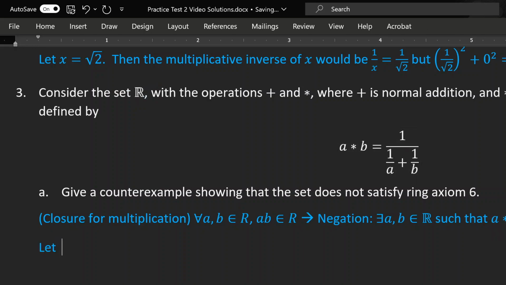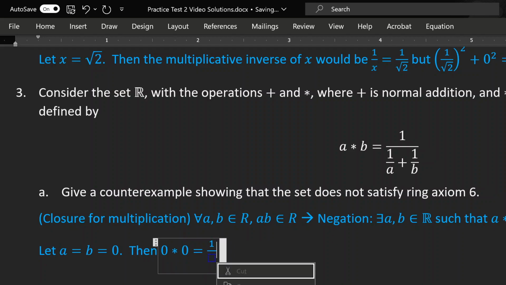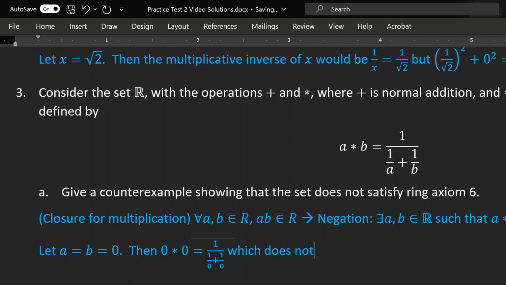Okay, so I'm just going to use 0 for both of them just to make it easy. Okay, so then 0 star 0 is 1 over 0 plus 1 over 0, which does not exist as a real number. Okay, so that is our counterexample right there.